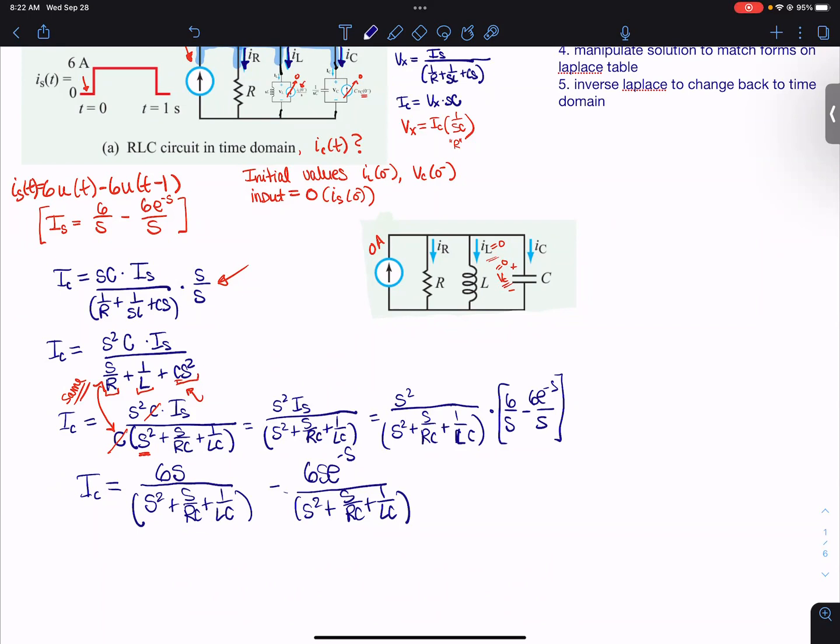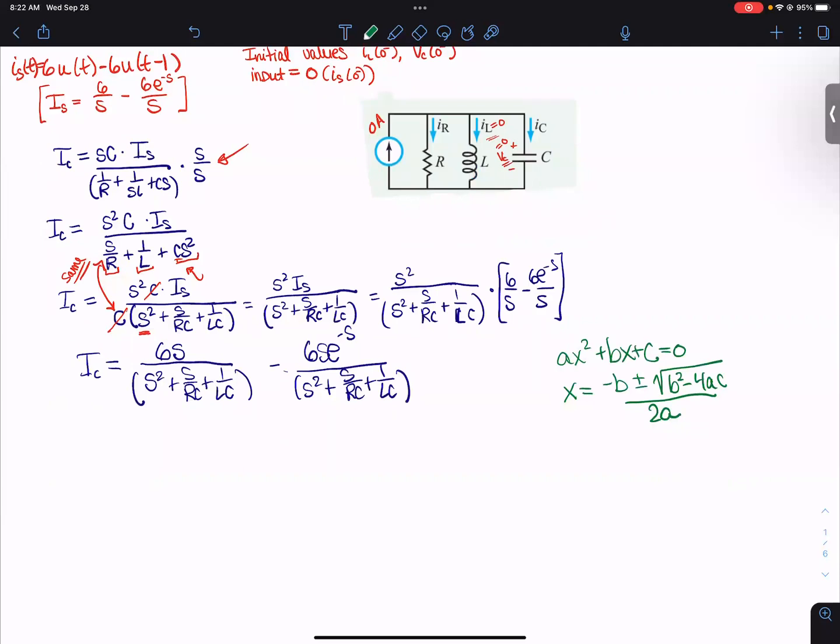So if you remember back to quadratic formula, to be able to solve for this, the quadratic formula is, this is equal to 0. We have x is equal to minus b plus or minus the square root of b squared minus 4ac over 2a. So we can use this to solve for that quadratic if we don't just see what the factorization is.